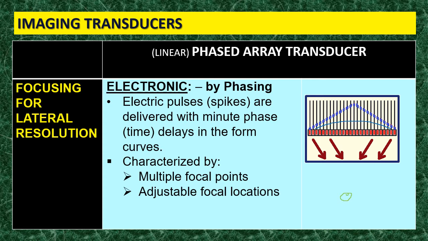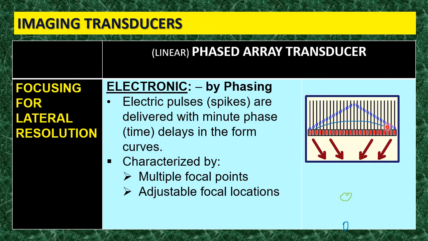I will get the focus here. So different curvature will give me different focal points. So I have multiple focal points based on changing the curvature of the electric pulse or voltages delivered to the active element. So again, I have multiple focal points through what?